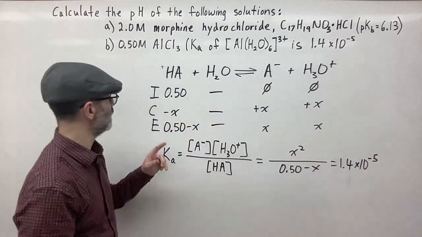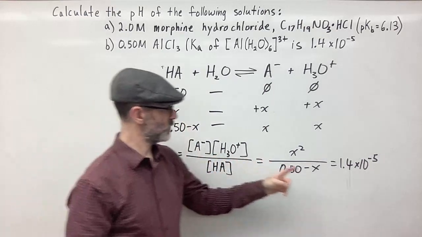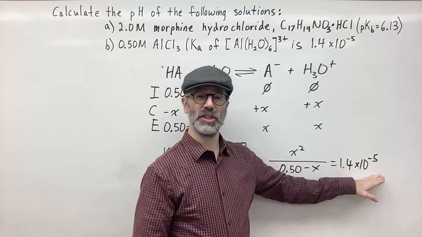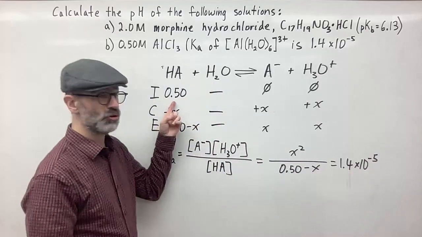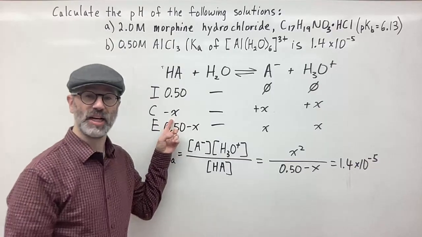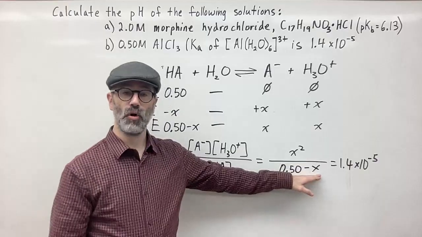And again, you can see here that we have a 0.5 versus 10 to the negative 5. So again, this is going to be very small compared to the initial concentration. That indicates that x is going to be negligible in this case, so we can go ahead and ignore x.